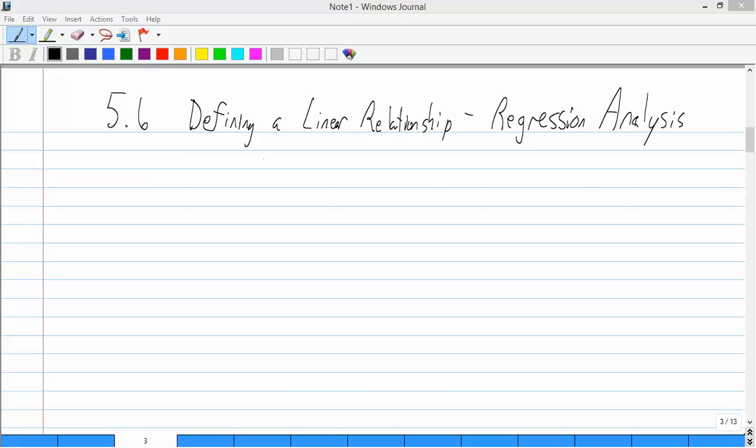One of the easiest understandable equations of a line would be y equals mx plus b. This is the slope-intercept form of the line, right? We learned this at a pretty early age, and we learned that m is the slope, and b is the y-intercept.